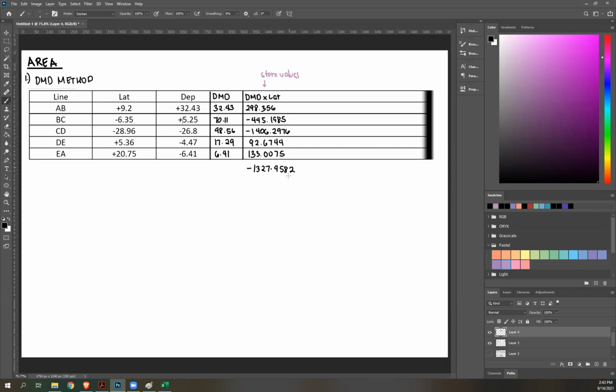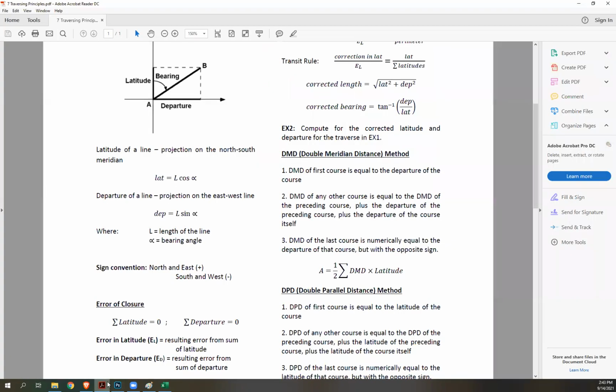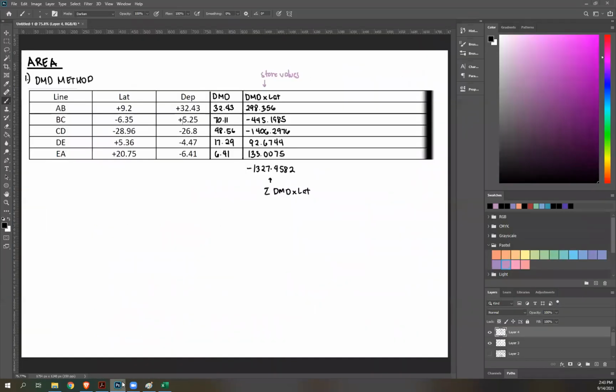So that's the summation of DMD times latitude. Now, it's not shown here, but that should be absolute value because this is an area. Area is positive. There's no negative area unless we're talking about integral calculus. Okay, so therefore area is 1/2 absolute value of summation of DMD times latitude. Okay, please compute. What's the final answer? That's correct.